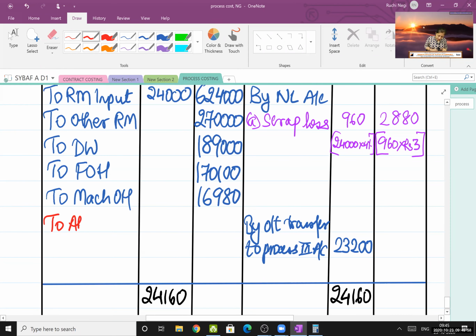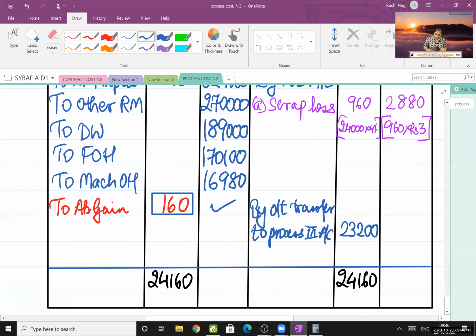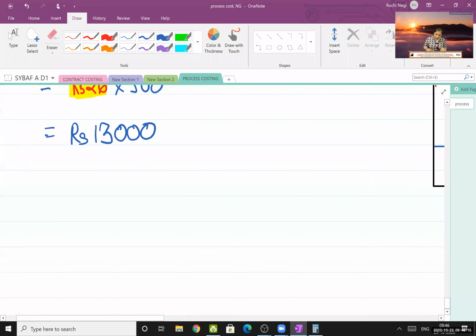Okay, एबनॉर्मल गेन 160. ठीक है, so write here 160. ठीक है, now apply the formula and you will get this value. ठीक है, so let us do that.